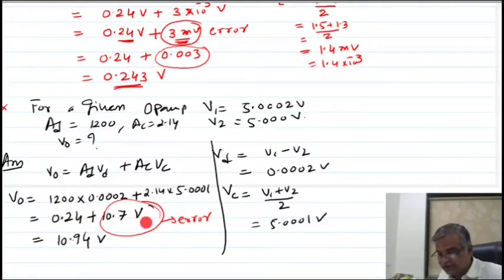So this much is error due to common mode signal. We want to reduce this error. In the next problem we will see that if you keep the CMRR very large, then such error will be reduced. The two numericals show you that due to common mode signal error is developed. For this set of input signals error is very less. For this set of input signals error is very large.